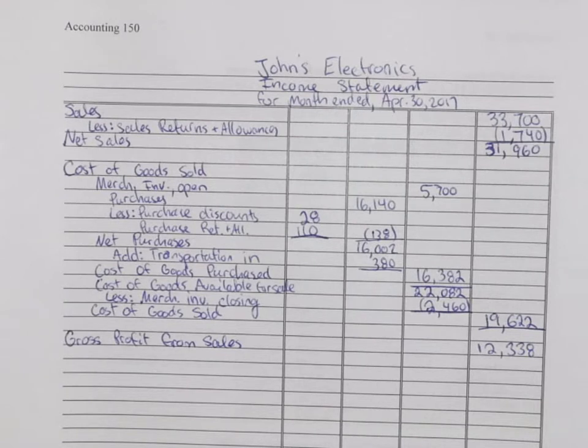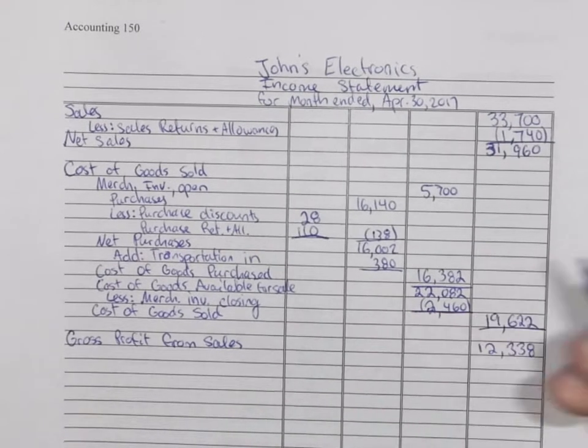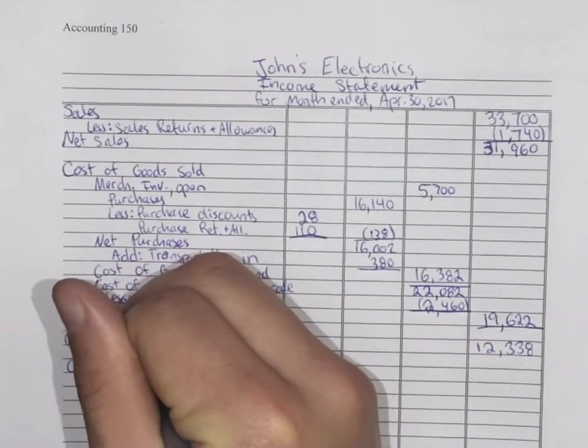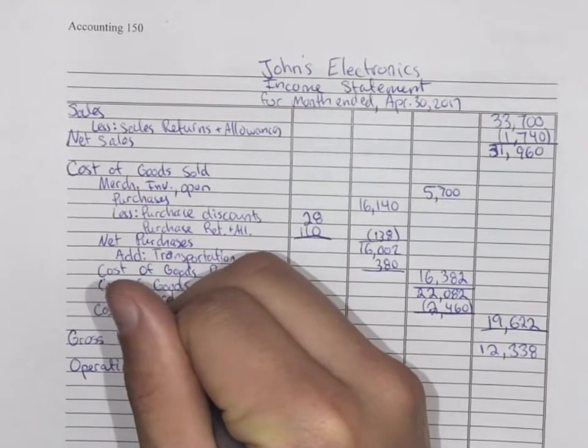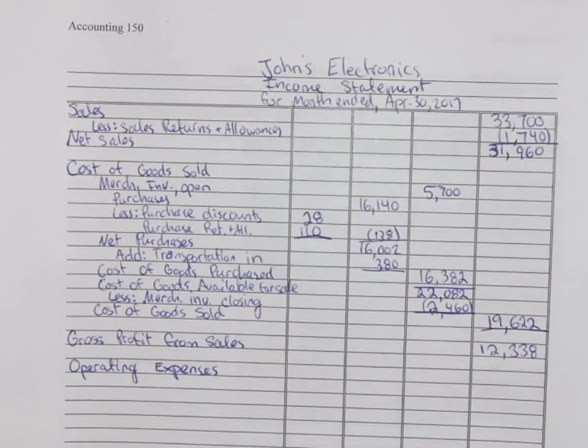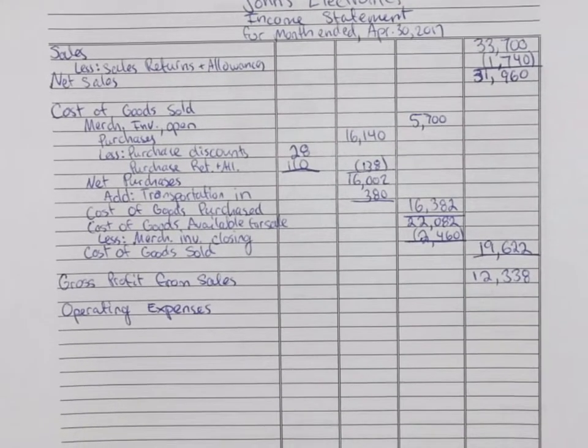So now we look at our operating expenses. Now, it doesn't matter if it's perpetual or periodic. What we do is we break our operating expenses into two sections. We have our selling and our general and administrative. So now we're not worried about the cost of the inventory or the product or the retail value of anything.